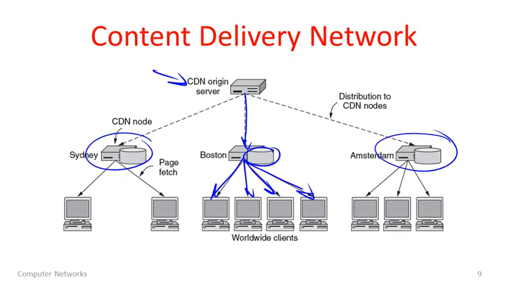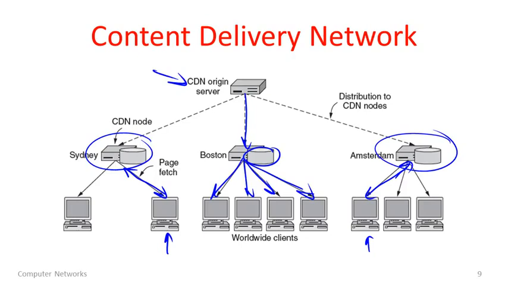And we would like the client to contact the nearest replica. So this client here is going to fetch a page from this replica here because this client is closest to Sydney. Whereas another client over here is closest to Amsterdam. So that's where it will fetch a copy of the page from, that replica. That's what we want to arrange to happen.